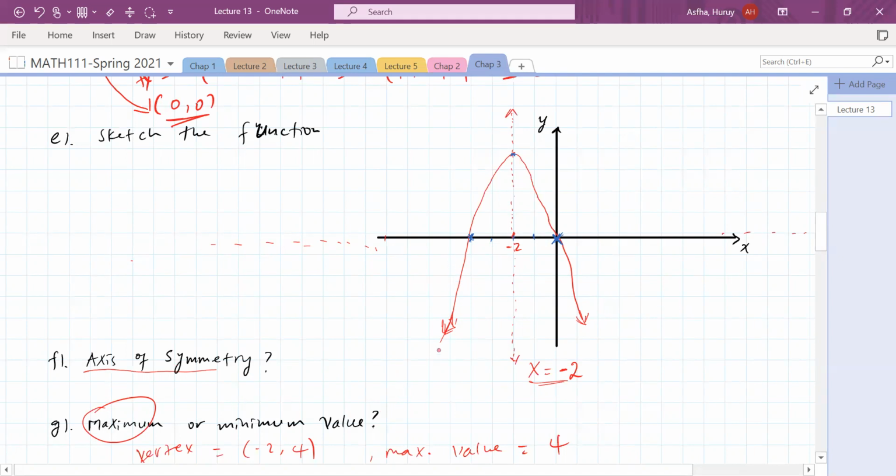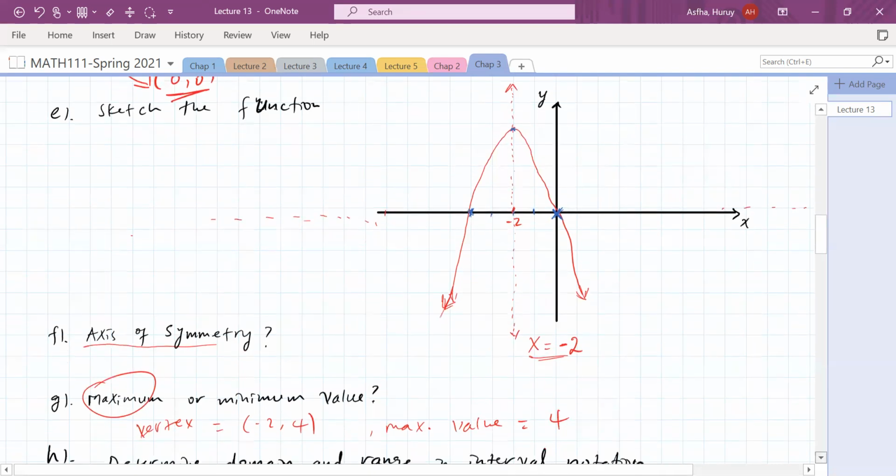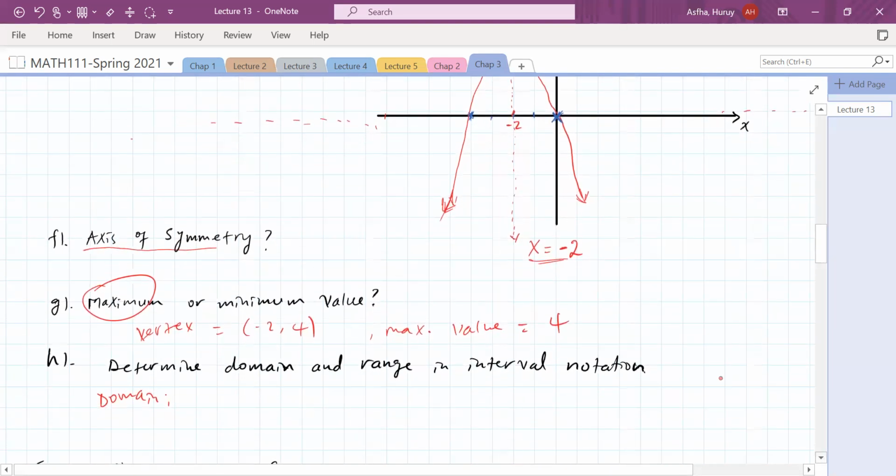So there is no restriction on the x values that this function takes. It can take any x value, any real number. Therefore, the domain of this function is all real numbers.